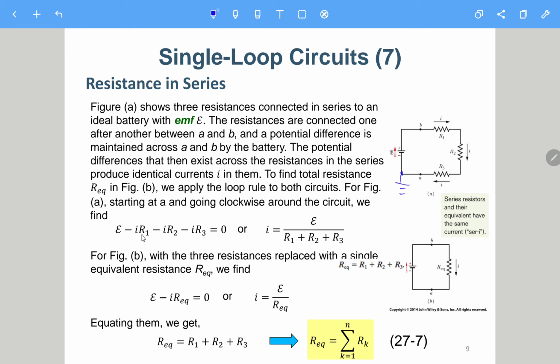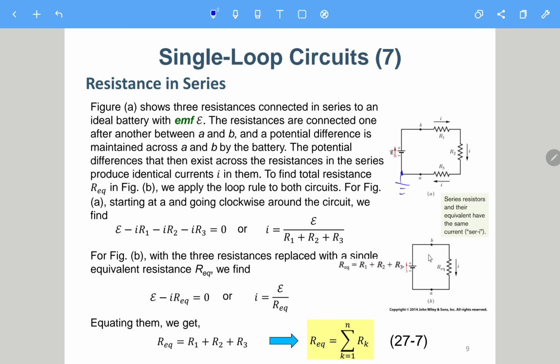So we have E minus I R1 minus I R2 minus I R3 equals 0. We move over these terms and divide by R1 plus R2 plus R3 on both sides, so I equals E over R1 plus R2 plus R3.